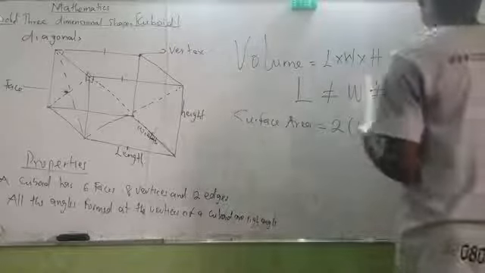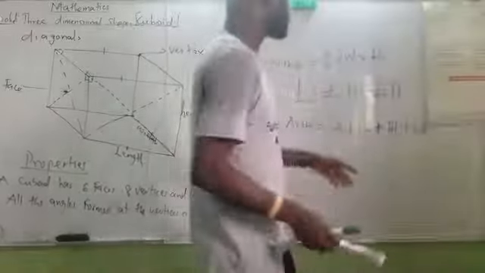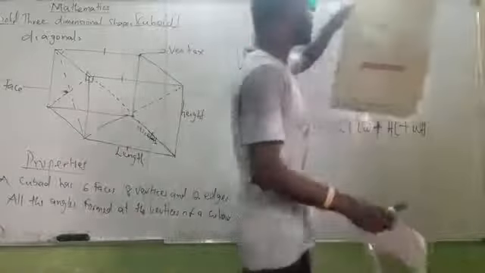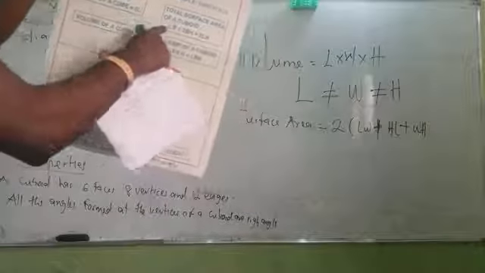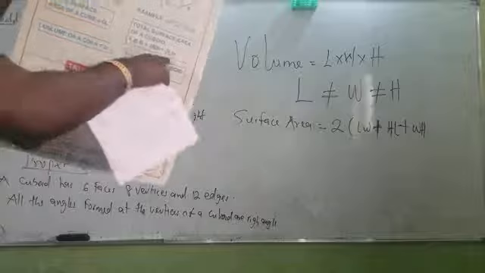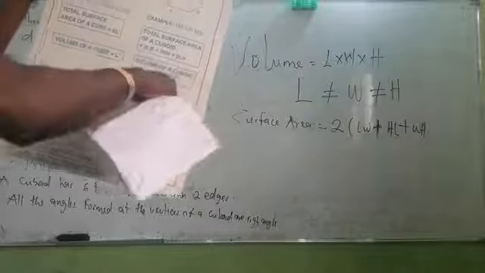That is what we are talking about. It is even given on this shape. Take note of this. You can also expand what I wrote there, and the volume also.